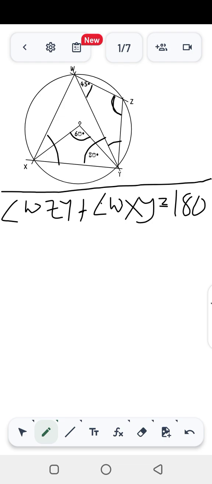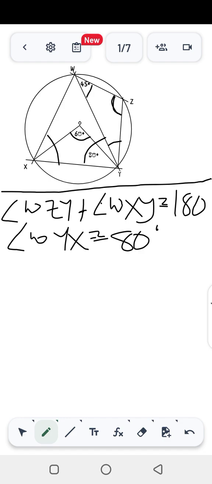So how do we find angle WXY? It is formed inside triangle XWY. So let's use triangle XWY to find angle WXY. From triangle XYW, we know angle WYX to be 80 degrees.